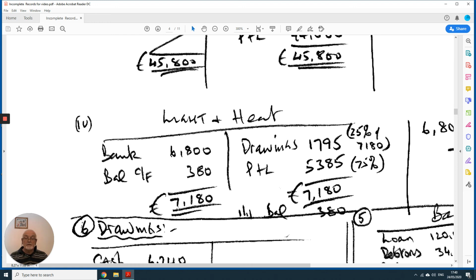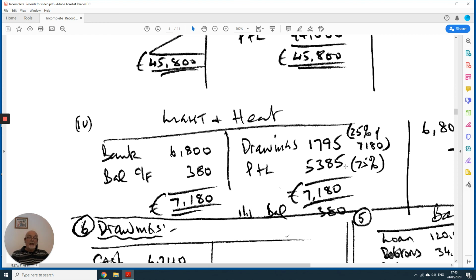Therefore, we must have used 7,180 worth of light and heat, and the question tells us that the owner is to be charged 25% of that as drawings. So 25% of 7,180 is 1,795, leaving the remaining 75% to be charged to the business, the profit and loss account 5,385.